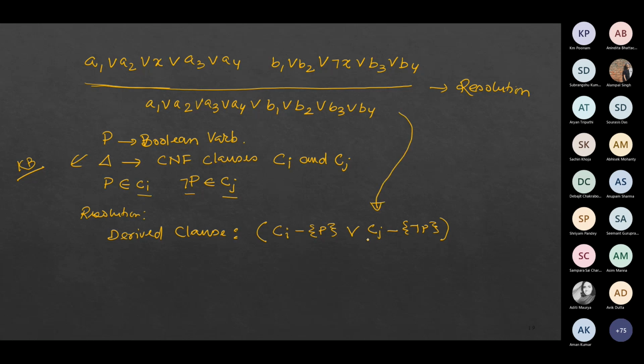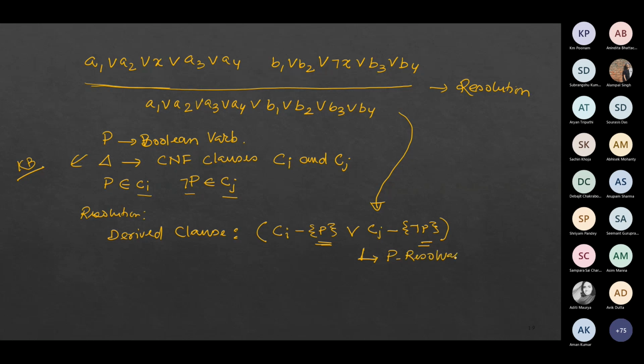And if we are doing this, we are doing the resolution on a particular variable, which is P, right? And the outcome that we are getting, we call it a P resolvent.